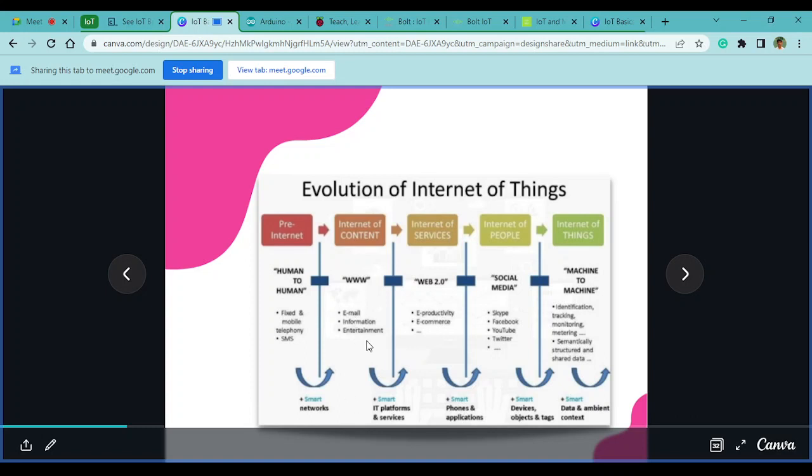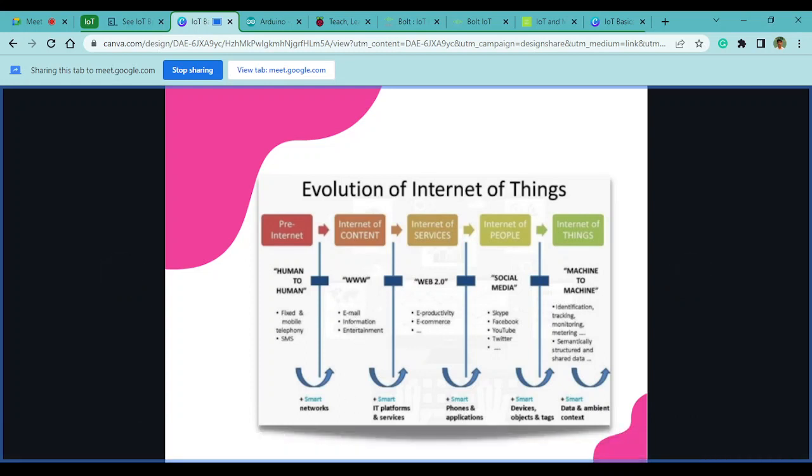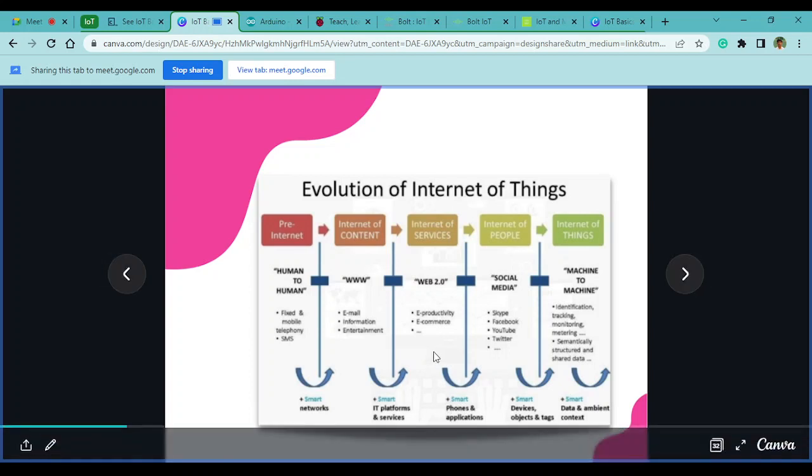The more people started using internet, there was a standard launched by the Web3 consortium. That's why it's called WWW. Through that we got the power to launch emails, information and entertainment, everything accessible on the internet as content, right? So the next stage is Web 2.0, right?